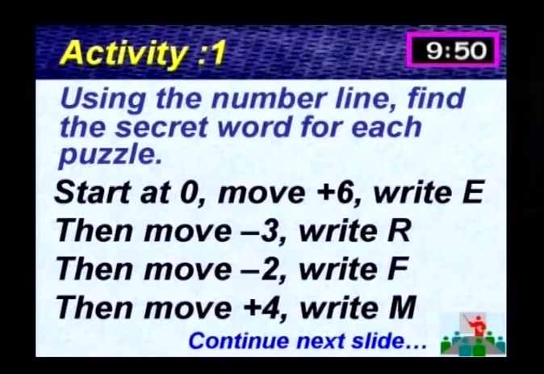If we are unable to finish those 5 activities, we will do the others for homework. Work in groups, discuss and try to work out what are the secret words that you are going to form.